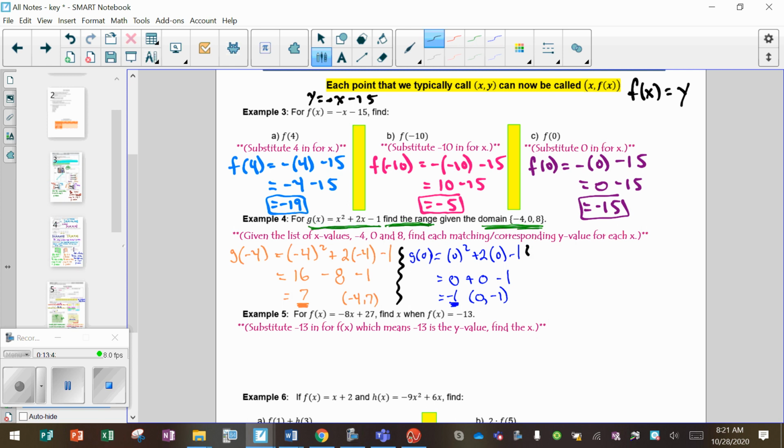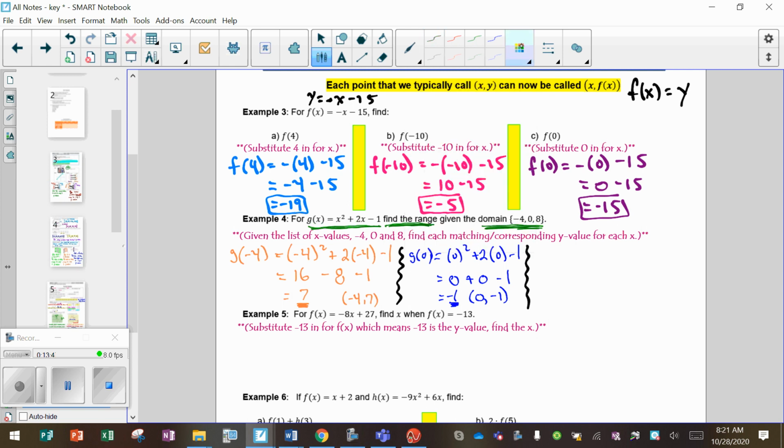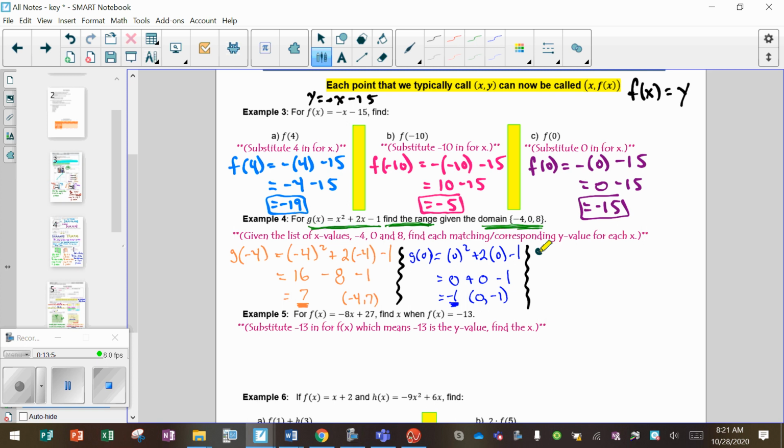And we have one more to plug in. So let's do this dark green. We are going to find g of 8. So we're going to plug in 8 in for all the x's. So it's 8 squared minus 2 times 8 minus 1. 8 squared is 64.